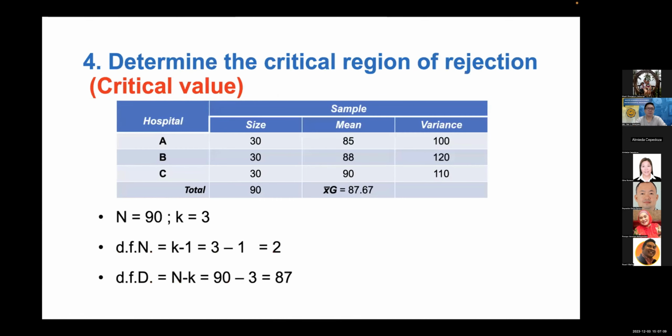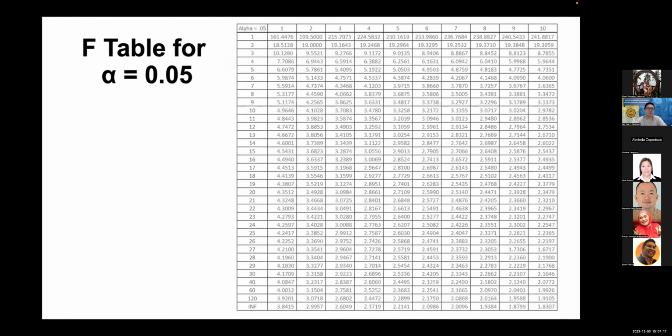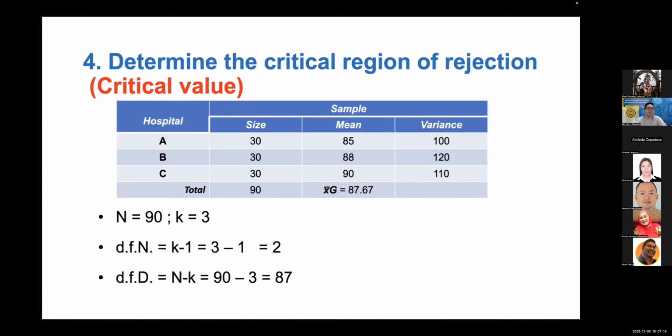And the next step is to determine the critical region of rejection, which is our critical value. So basically, we have a sample size of 90, but we have three different groups.